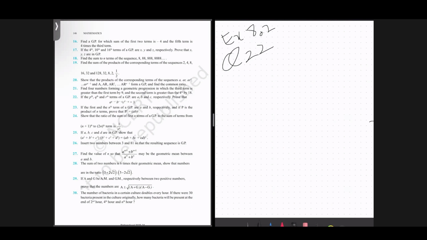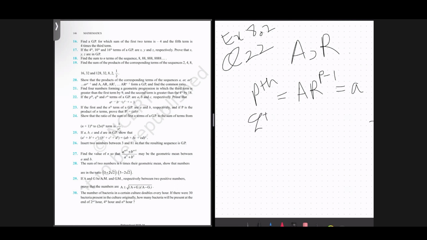So the pth term has been given to us as a. Let us assume this particular GP to be capital A, and the common ratio is going to be capital R. So the pth term of this GP is A R raised to the power p minus 1, and that is going to be a.